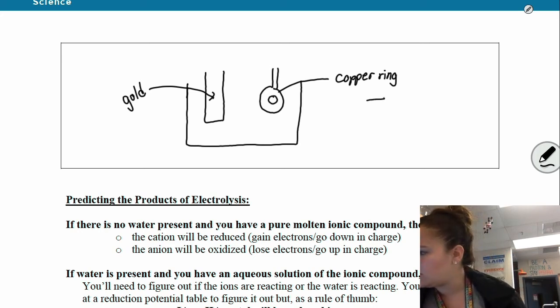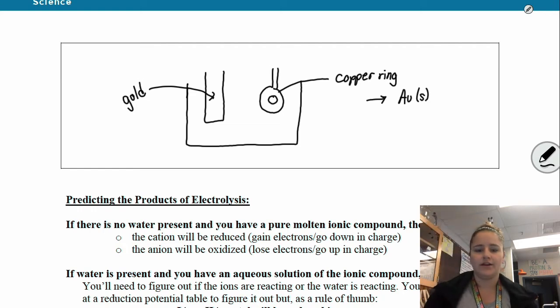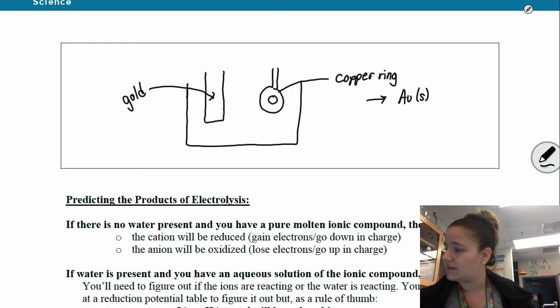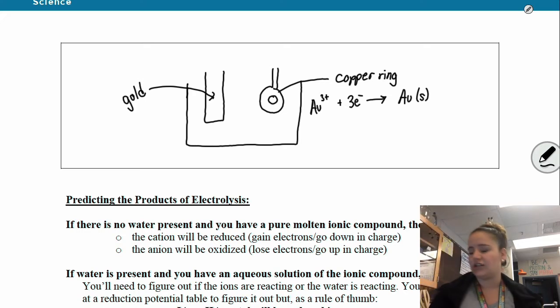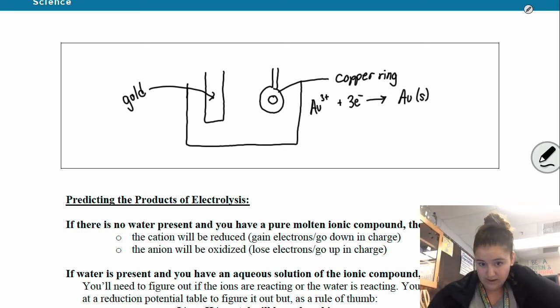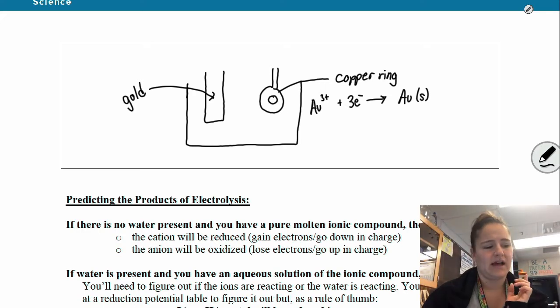So we want the copper ring to get solid gold formed on it. We check our table of standard electrode potentials, and we see that the reaction is a gold 3 plus ion plus 3 electrons forming solid gold. Now, is that oxidation or reduction?